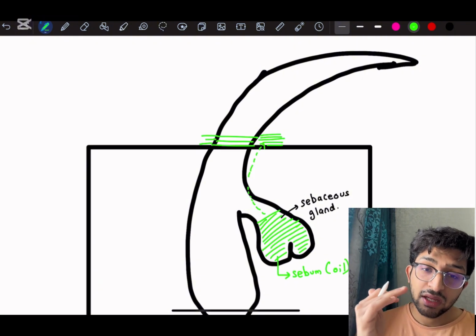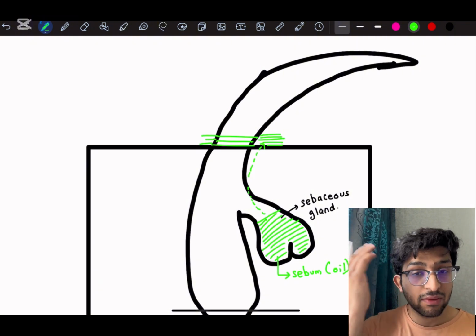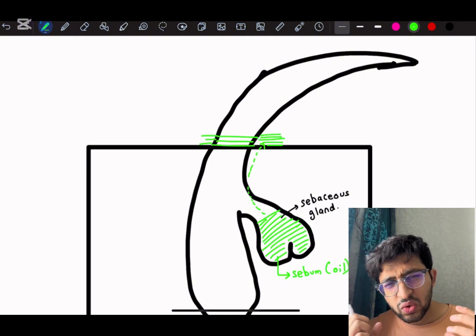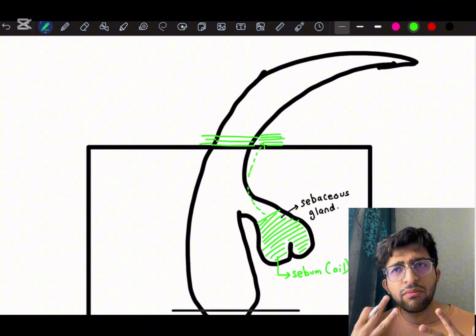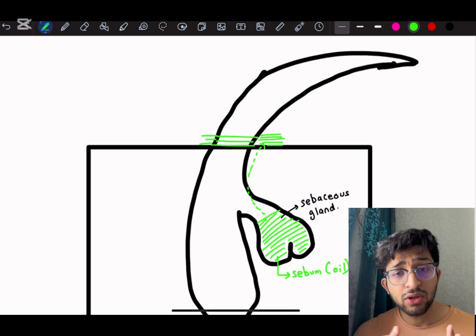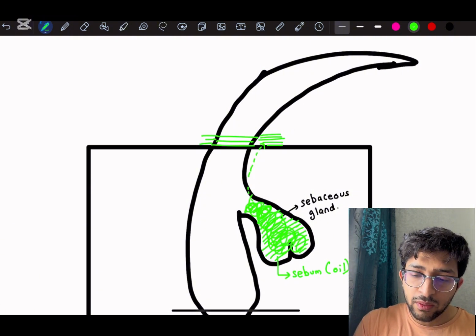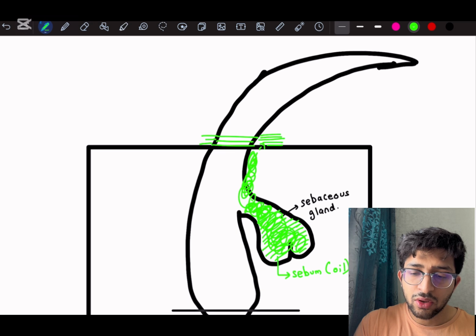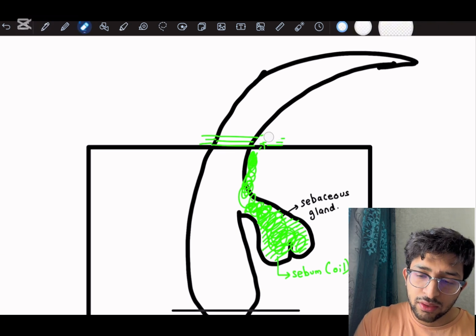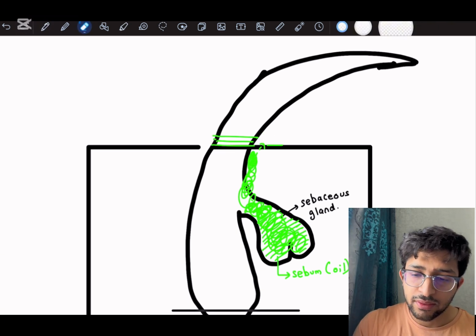Now in teenagers, the hormonal levels of their brain get so much more that the sebum, or the oil content, gets too much, and that will result in the clogging of the sebum.